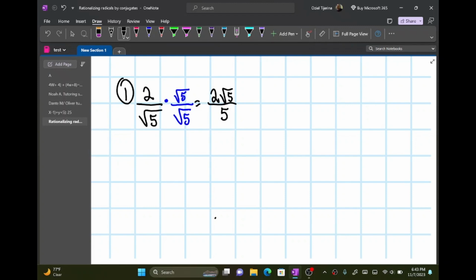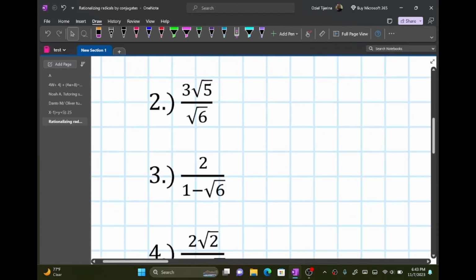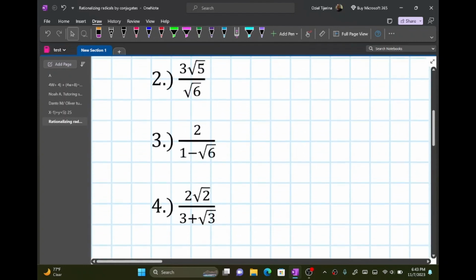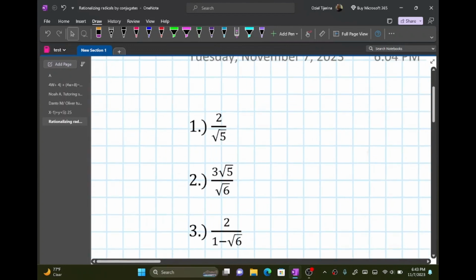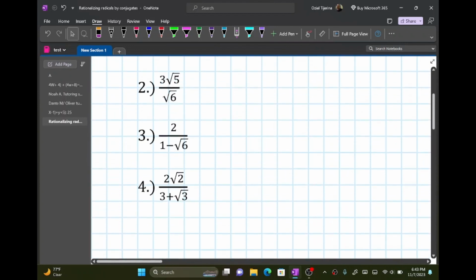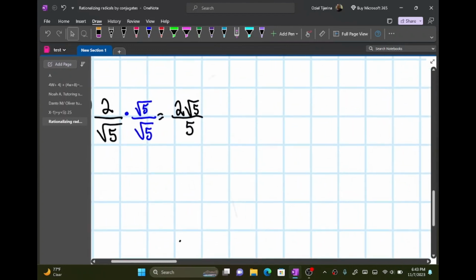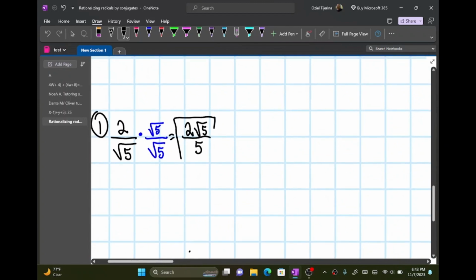And obviously that's just the rule there. Whenever we have a radical in the denominator, we need to rationalize that by multiplying by that radical. The conjugates will come, they're more for numbers 3 and 4, so I will explain that in a minute. But that is the final answer for this one.